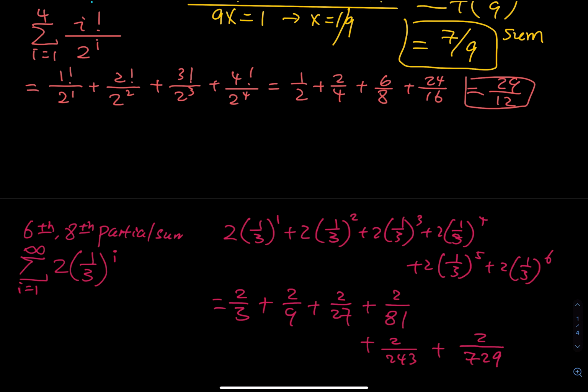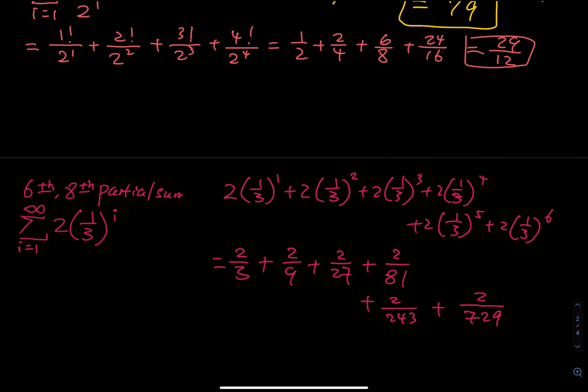I mean, did I say 2 to the third power? It's 3 to the third power. And when you add everything up, that is equal to 728 divided by 729. So that is the sixth partial sum.